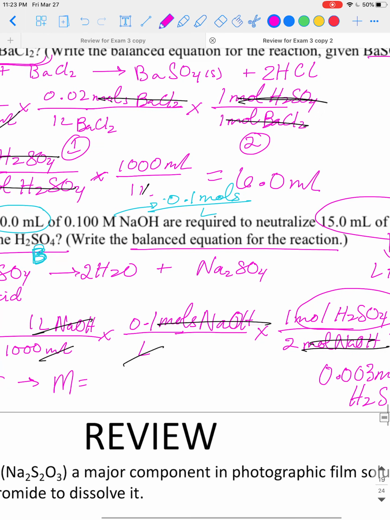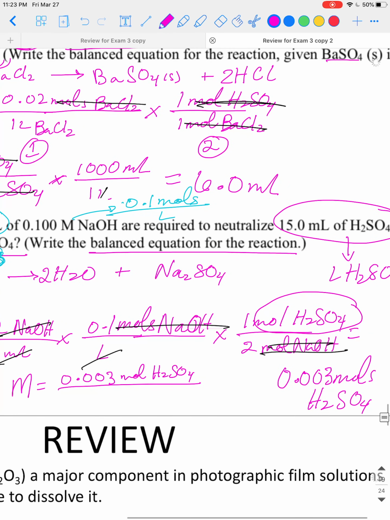Molarity equals, there's our top part, 0.003 moles of H2SO4. We've got to divide that by liters. We have 15 milliliters. Take that number, divide by 1,000 to convert to liters. And when you do, you should get 0.015 liters.